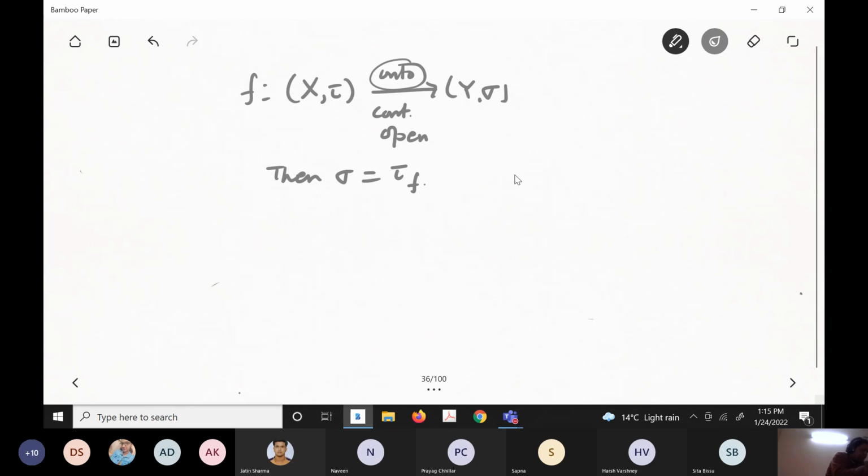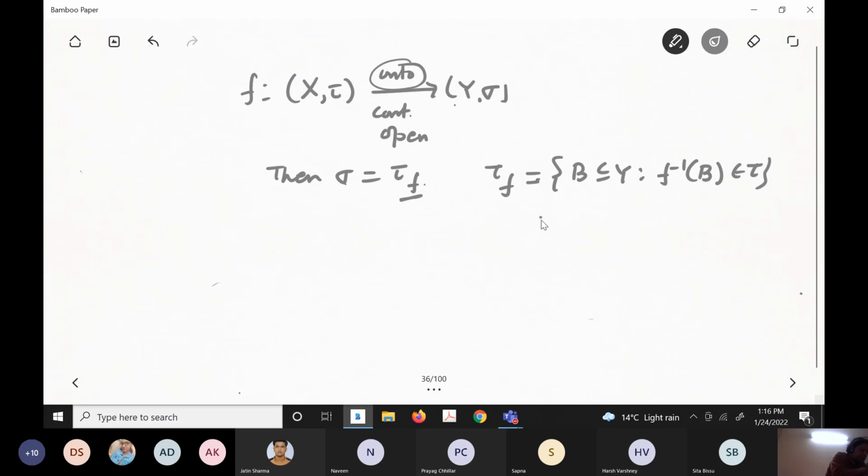Now how to define quotient topology? You'll have to show that tau F, remember the tau F is the collection of V such that F inverse V belongs to tau. Look, already we have proved that this is the strongest topology for which F is continuous, and with respect to sigma it is given continuous.